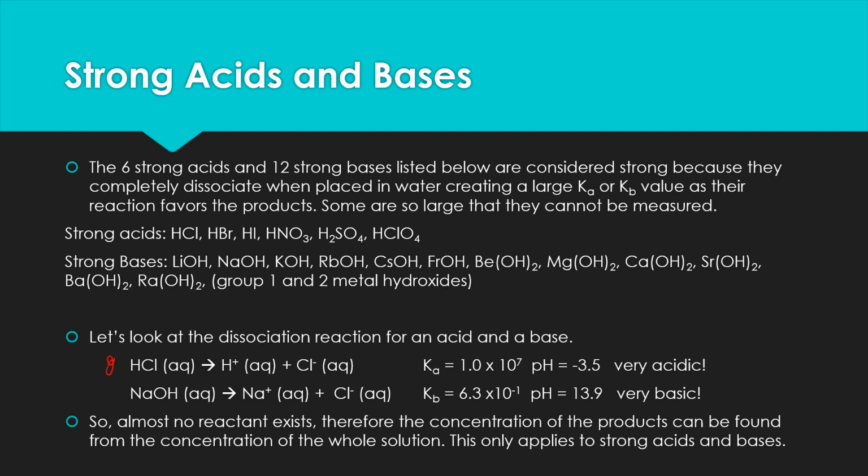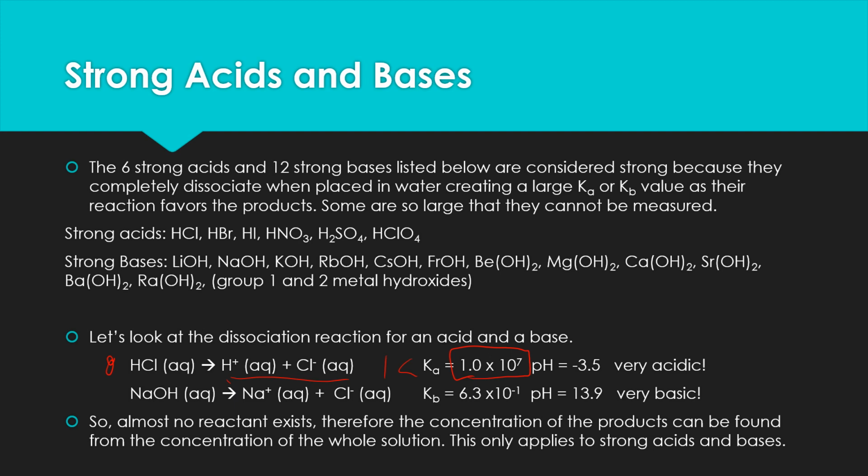Most of our Ka values have negative powers, right? They're less than 1. This is very large, much greater than 1, which means we're going to shift our reaction mostly to the products.